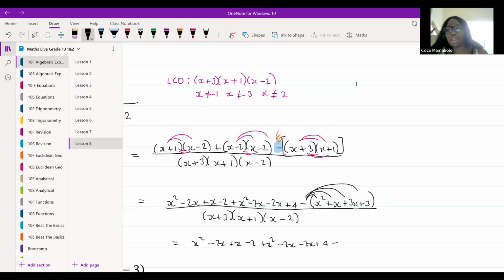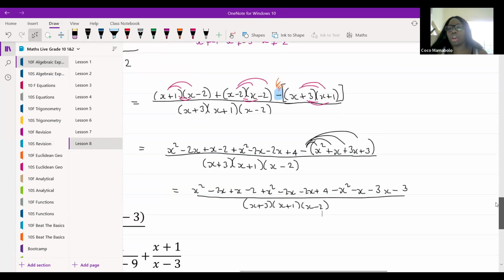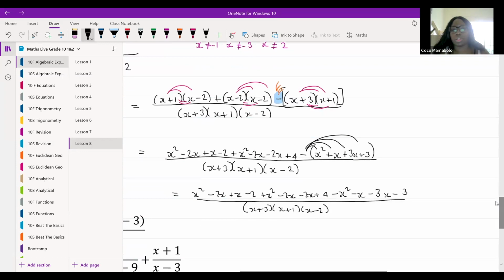Then I'm going to get minus x squared minus x minus 3x minus 3 all over x plus 3, x plus 1, x minus 2. All right. And then we clean up the top. Let's add like terms. So all of this over x plus 3, x plus 1, x minus 2.